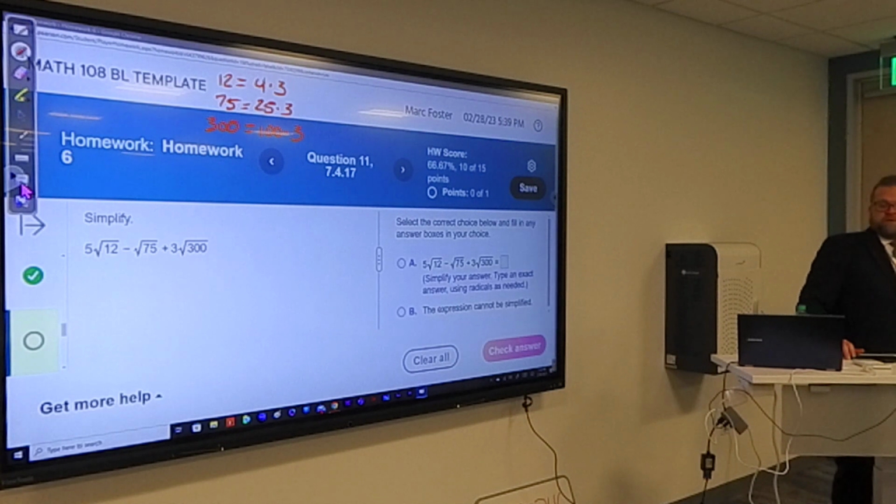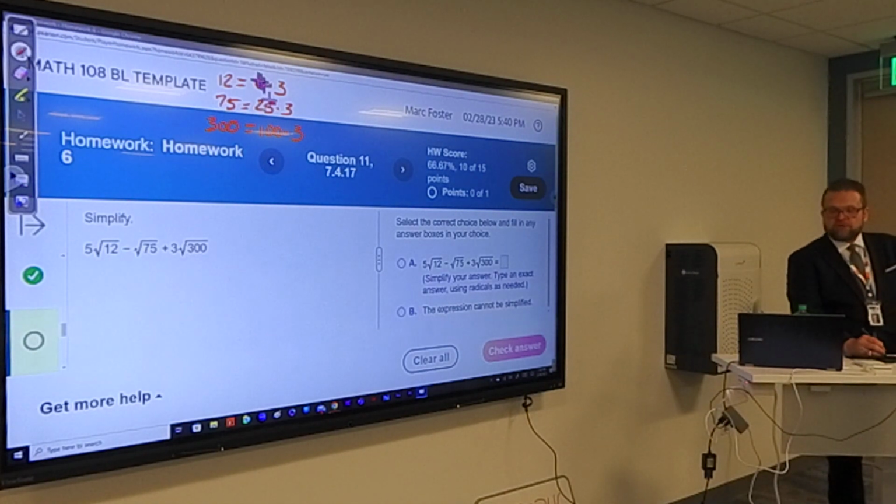What is special about 4, 25, and 100? They are all perfect squares. Square root of 4 is 2, square root of 25 is 5, square root of 100 is 10.